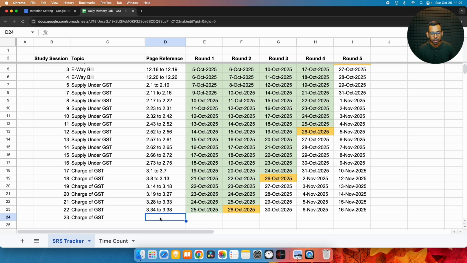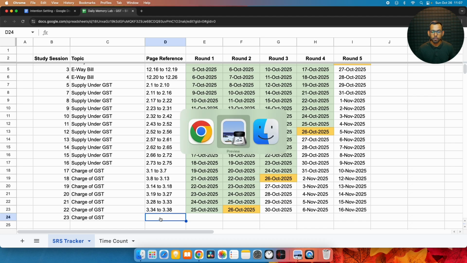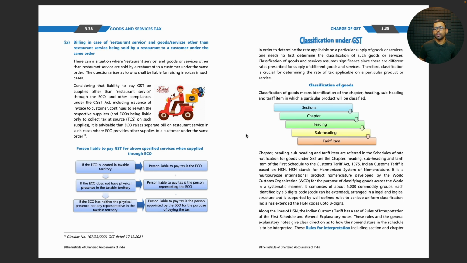Now, from here, let us carry on and read maybe 5 to 6 pages. Classification under GST. Now we have come to a separate topic. Let us come out of this e-commerce operator segment. In order to determine the rate applicable on a particular supply of goods or services, one needs to first determine the classification of such goods or services.